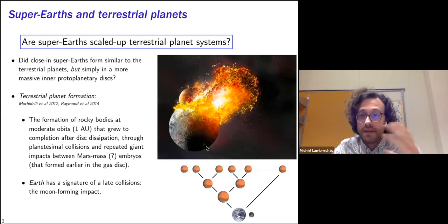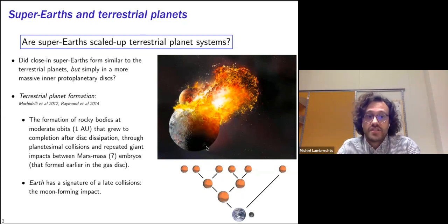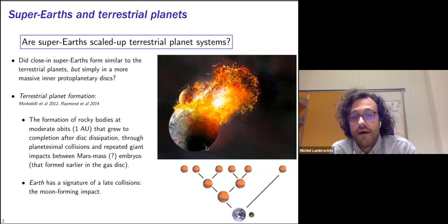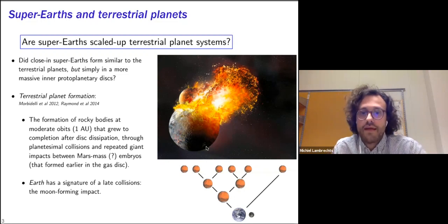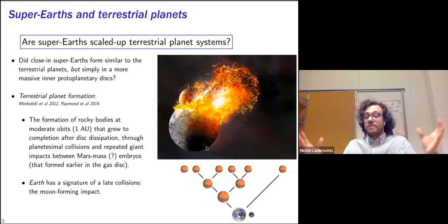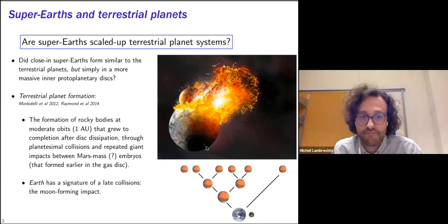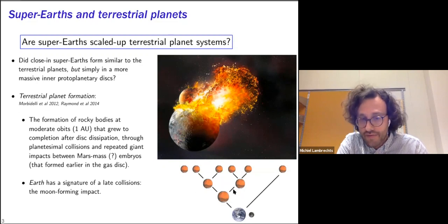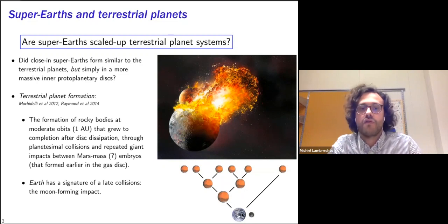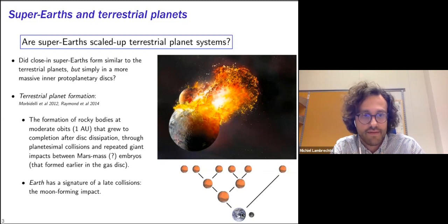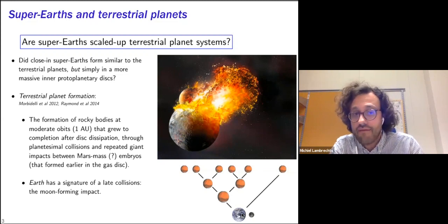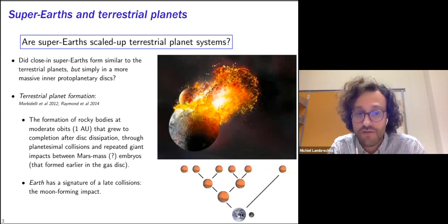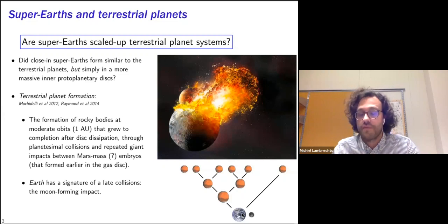And then through planetesimal collisions, and specifically by repeated giant impacts between Mars-mass embryos, something of that sort, they grow to completion. They reach their final mass. That's sort of illustrated in this small cartoon. You start with a bunch of Marses, and by repeated giant impacts, you form ultimately Earth-like planets. And of course, we have a signature of at least one such late collision, and that is the moon-forming impact.